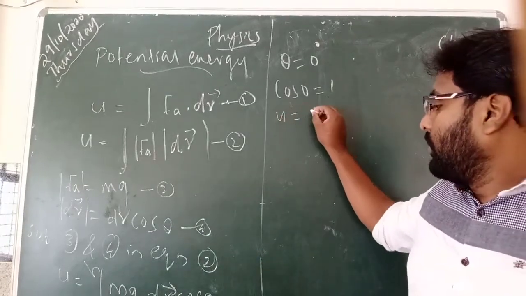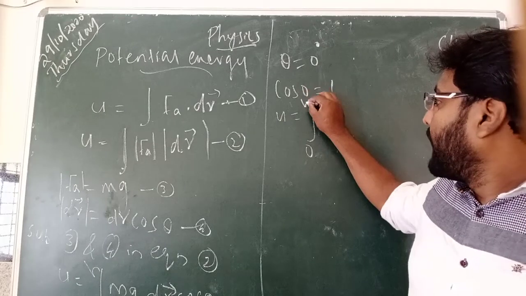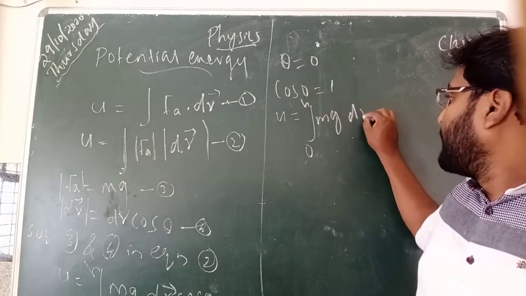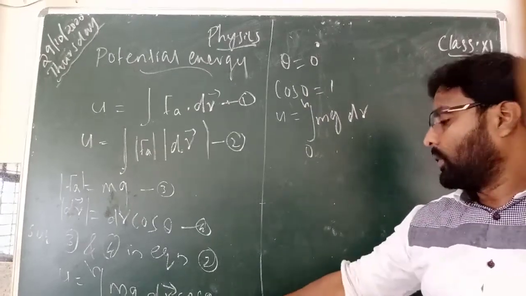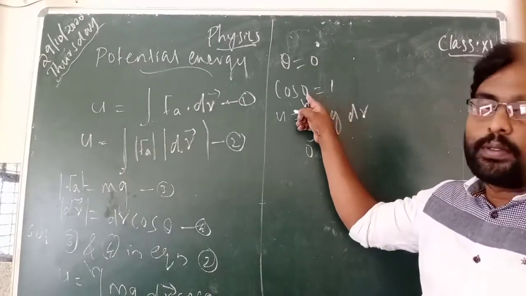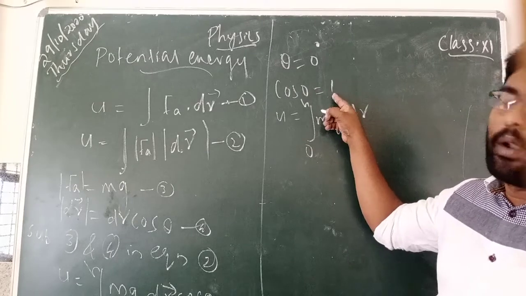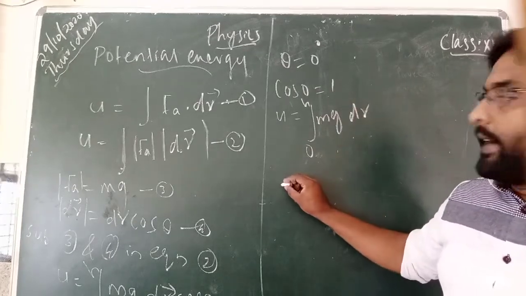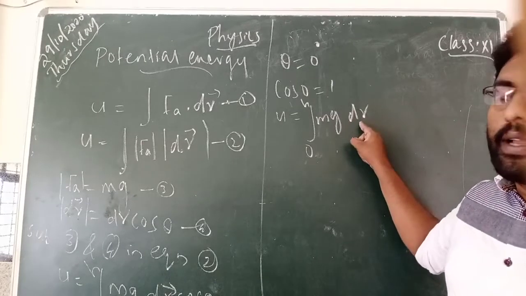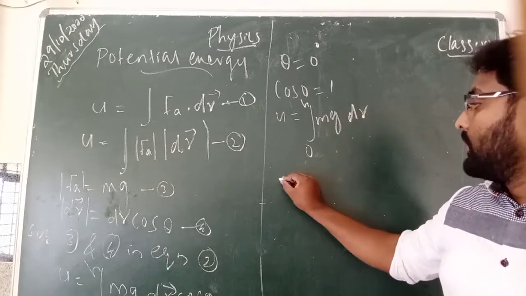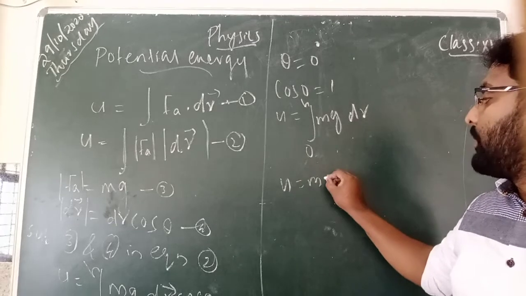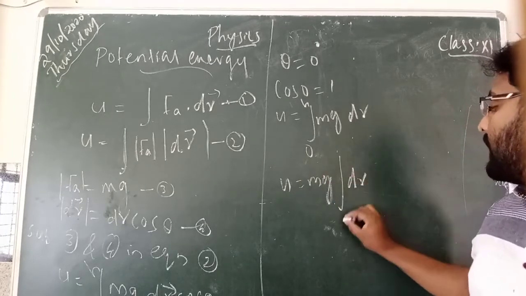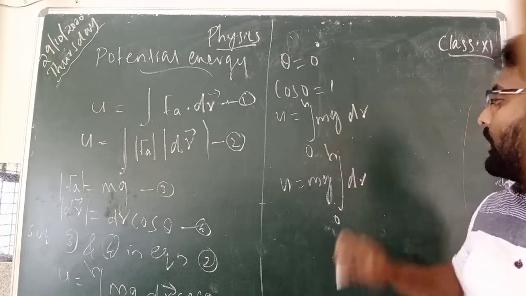u equal to integral from 0 to h of mg dr. Cos theta becomes cos 0, which means 1, into dr. Now we are going to integrate only the displacement dr. So u is equal to mg, you take outside, integrate dr for the limit 0 to h.